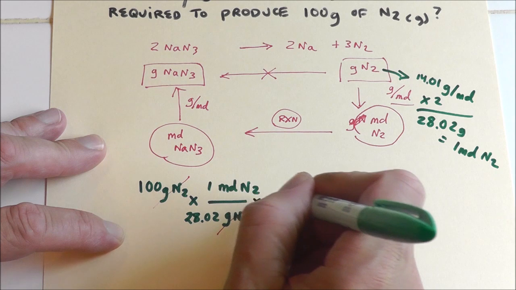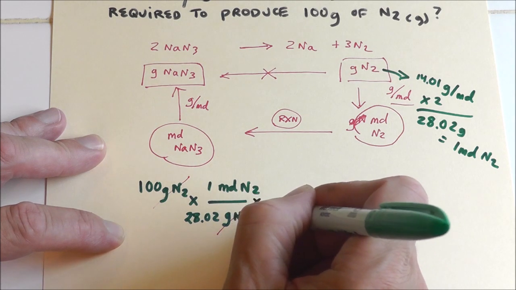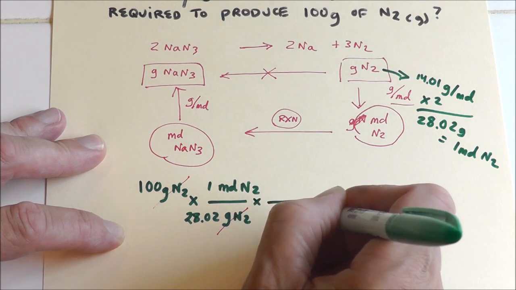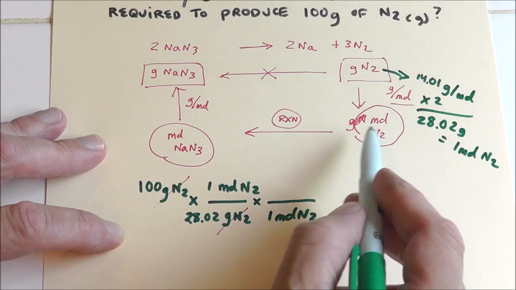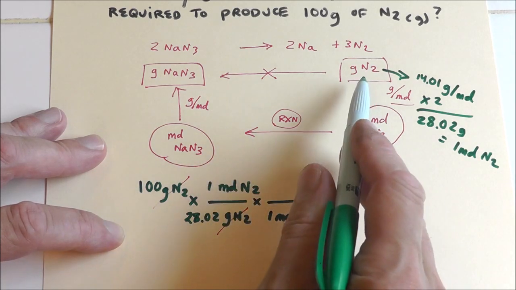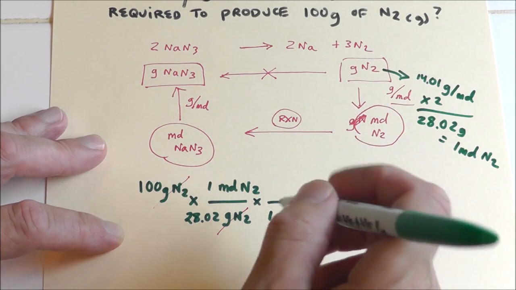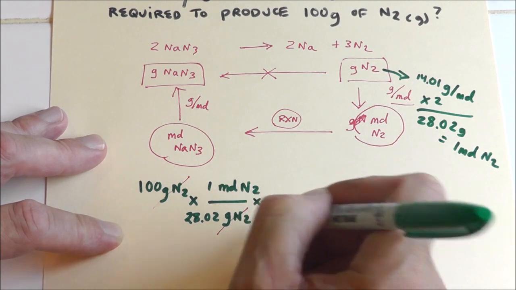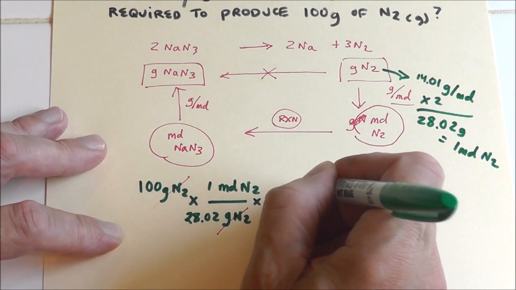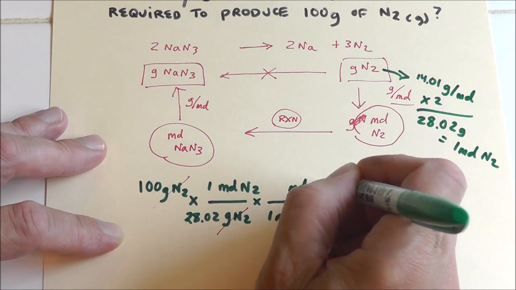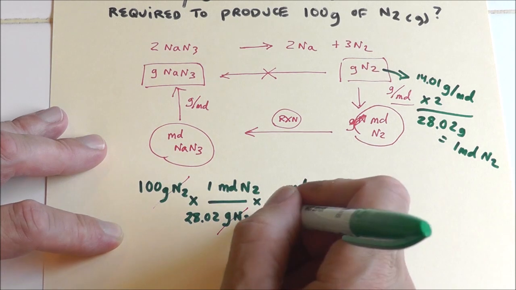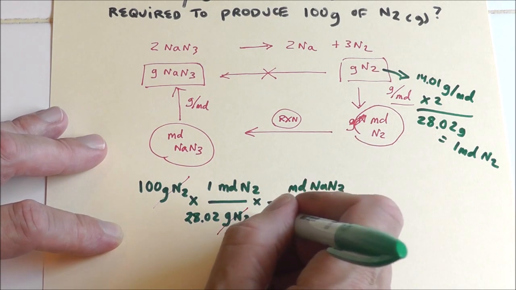And now the next step, though, 1 mole N2. I could convert moles N2 to grams, but that's where we came from. I can convert that into moles of NaN3. And you will notice I accidentally goofed.